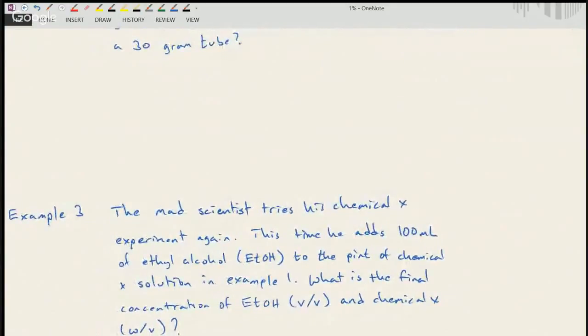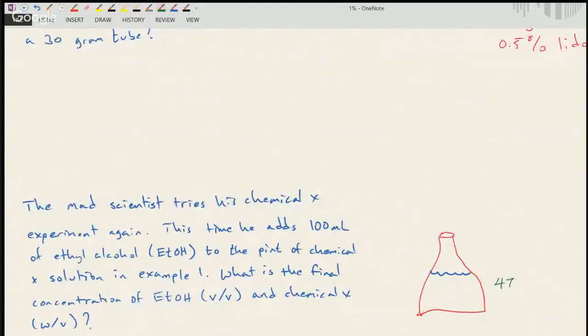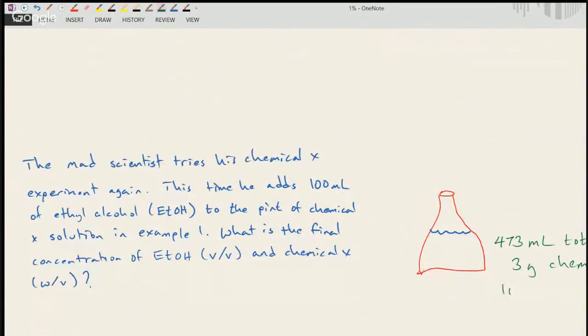Well, we will remember that the solution in example 1 was 473 mLs total and had 3 grams of chemical X. And to that, we are now adding 100 mLs of ethyl alcohol.